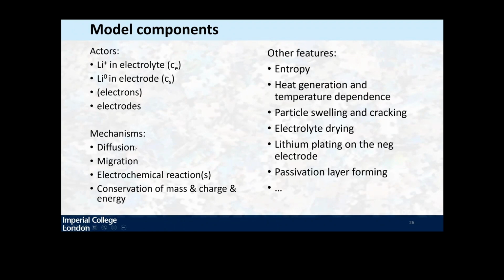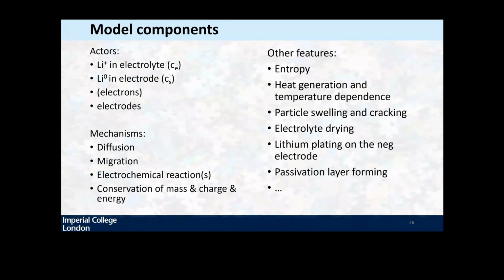And then we want at least to retrieve these mechanisms: diffusion of both types of species, migration of any charged species, electrochemical reactions at that interface, and obviously conservation of mass, charge, and energy.